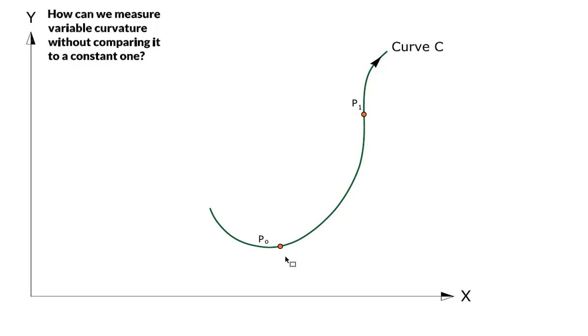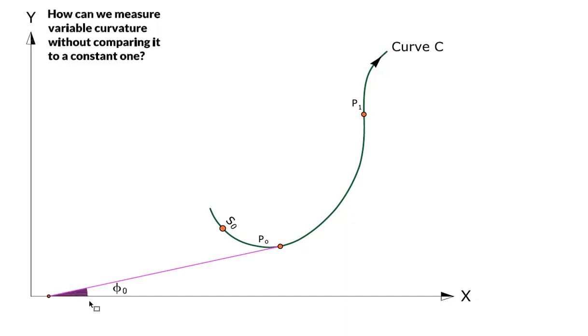So let us start by choosing another point on the curve, P1, and now we have this segment P0, P1. From point P0, we are going to draw a tangent.